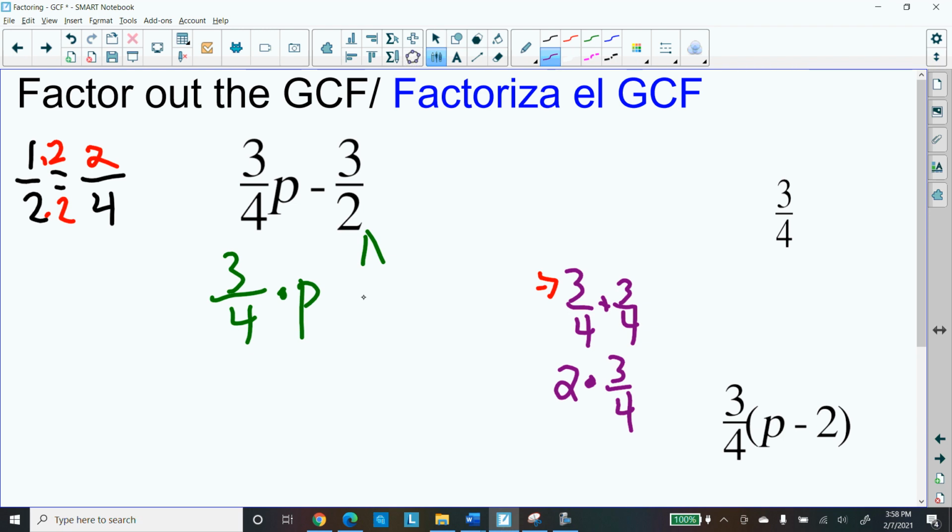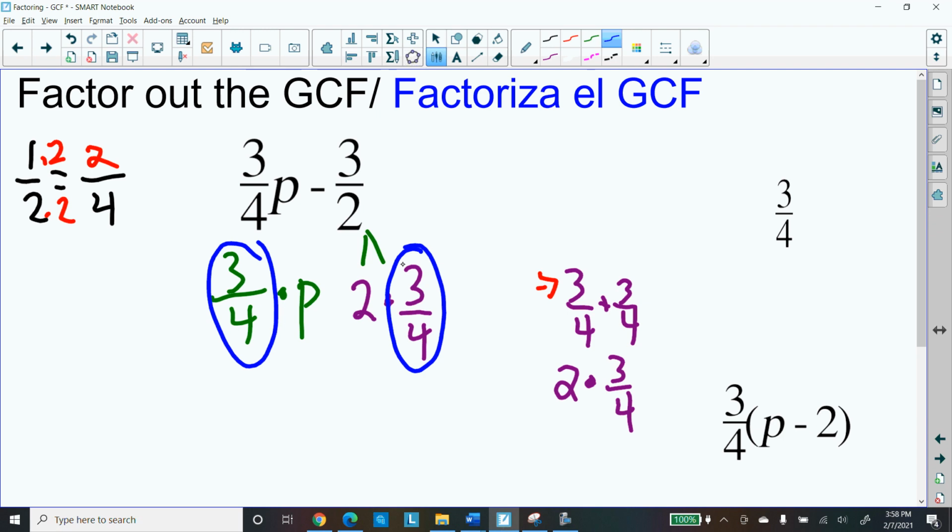I'm going to say 2 times 3/4. So now I have my common fraction, or GCF, which would be 3/4. So let me put that down there, and rub out the 3/4 here, rub out the 3/4 here.